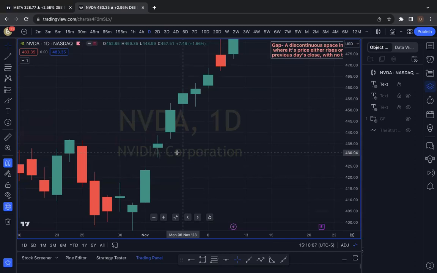The reason a security can gap up or down in price is usually due to some type of news release, maybe an upgrade, downgrade, or a change in the economy. A positive outlook on the economy could cause not only that ticker to gap up, but multiple tickers, the overall market, to gap up.